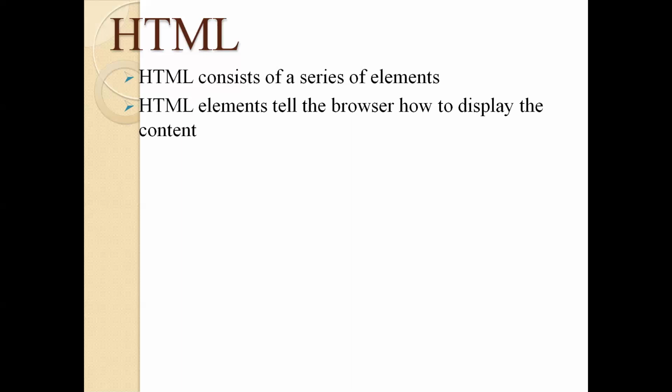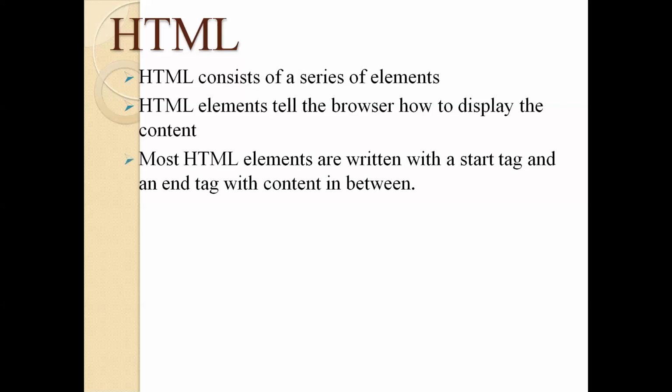We already saw in the first slide, this hypertext markup language is used for formatting conventions and then applying some layout. So if we have some text, this HTML will apply some conventions, and it will add some layout to our text, and then it will display it on the web browser. So HTML consists of a series of elements. All these elements tell the browser how to display the content over the web.